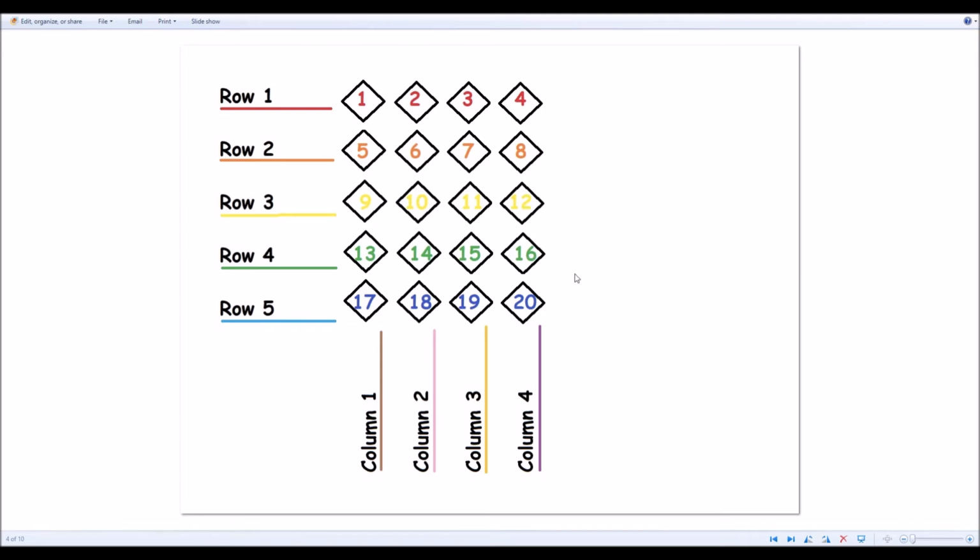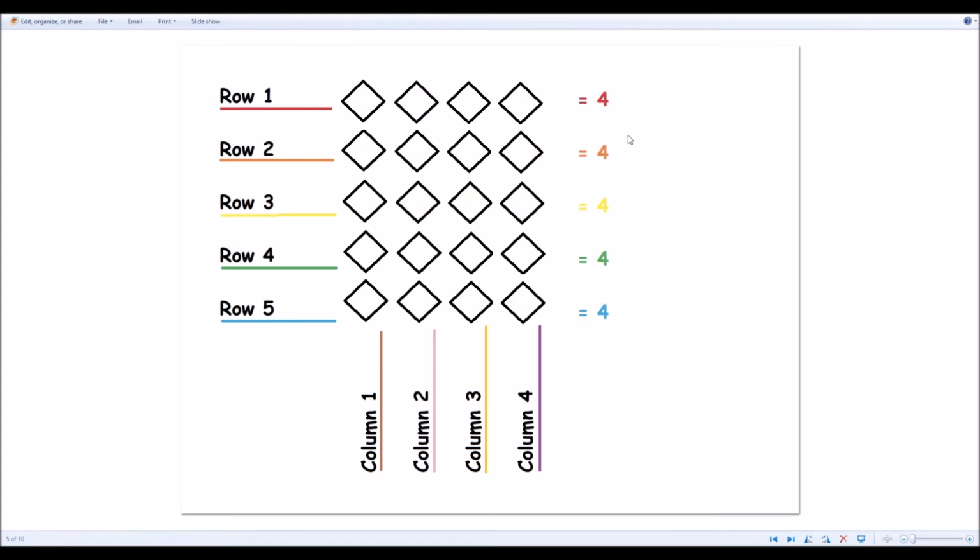And 16 plus 4 is 20. So each time I added 4, I found out how many were in each row and how much was in the entire set. That's 4 plus 4 plus 4 plus 4 plus 4 is 20.